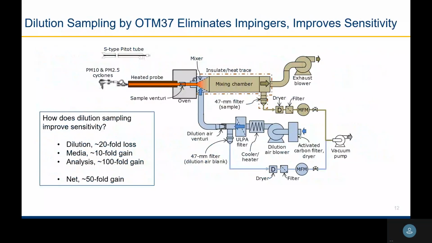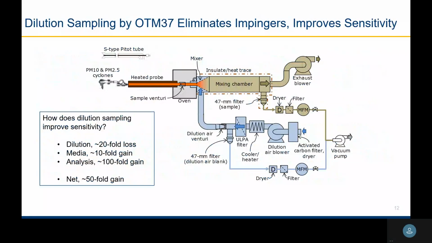So in the OTM 37 train, the front part of this, the probe, has a PM 2.5, PM 10 nozzle that actually breaks the filterable particulate matter into PM 10 to 2.5 sections. That didn't show on the other train. We have a heated probe. This brings the heated sample in.